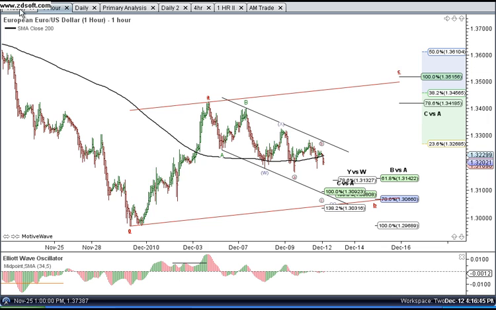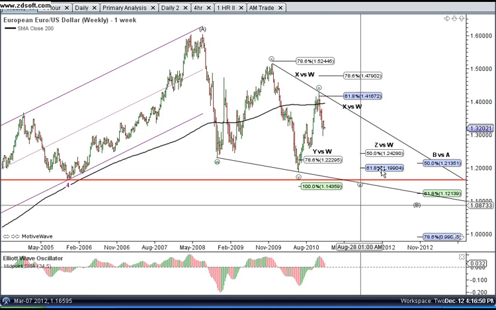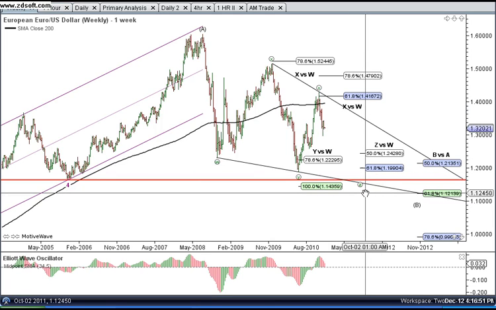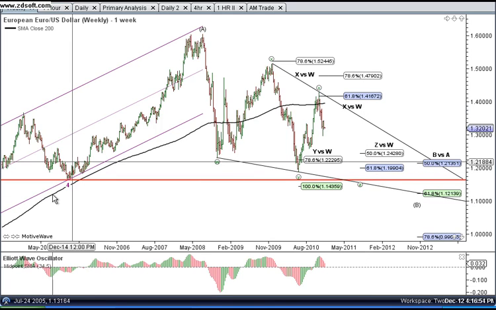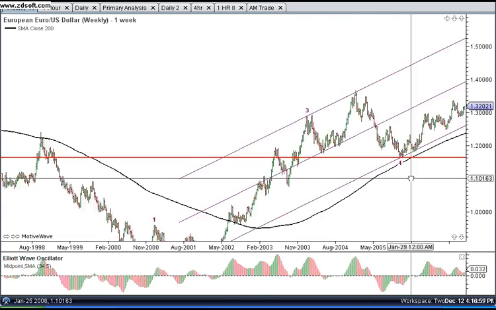On the Euro weekly, right now I have this label as a WXYX, looking for a Z. Looking to see if this previous fourth wave holds here. There was also resistance further back.